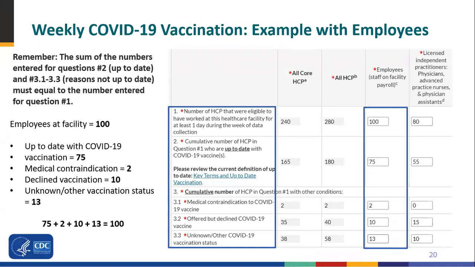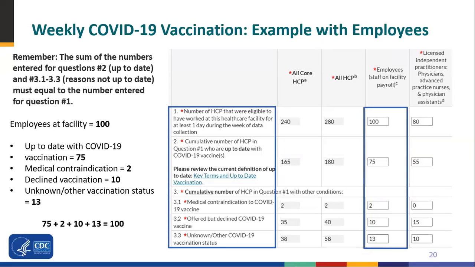Now let's look at how to report data on healthcare personnel using the updated form. Here's an example using the employee category. Out of the 100 employees reported for the week, we see that 75 of them are up to date with vaccination. 2 employees reported medical contraindications, 10 declined vaccination, while 13 reported unknown or other vaccination status.